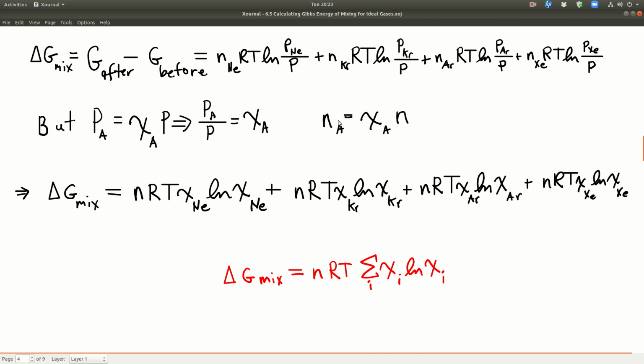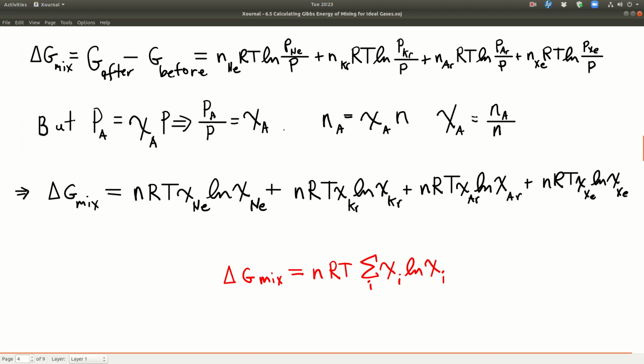Likewise, the number of moles of a component in a mixture is equal to its mole fraction. That's this symbol here, the chi, that stands for mole fraction. It might help to see it written a little bit differently. The mole fraction of component A in a mixture is just equal to the moles of that component divided by the total moles.